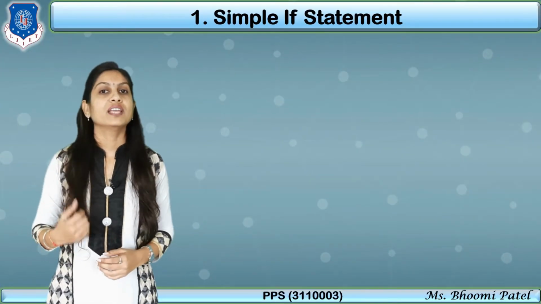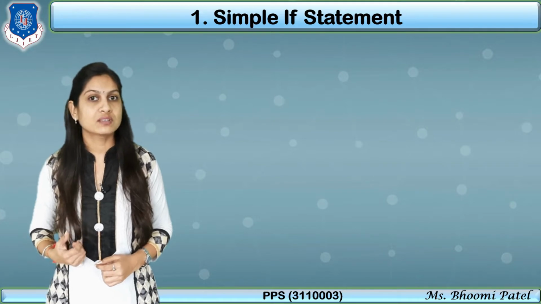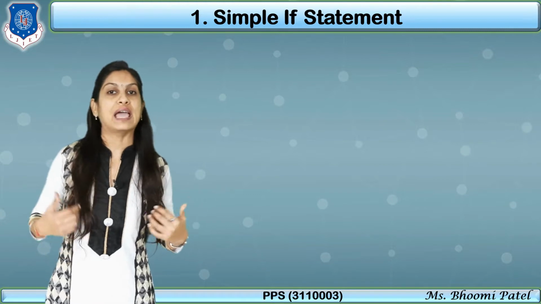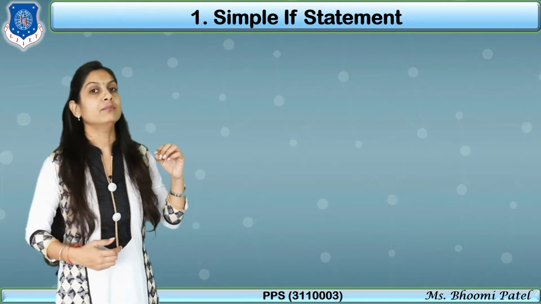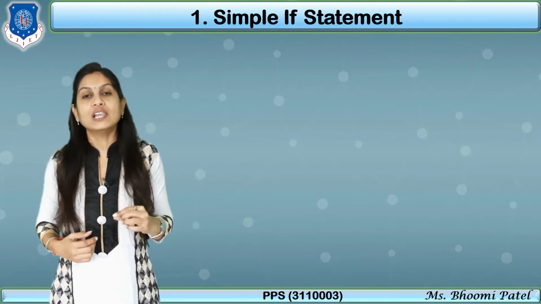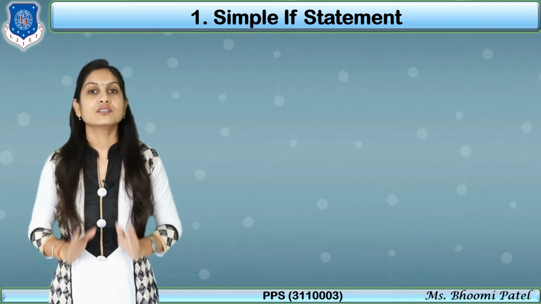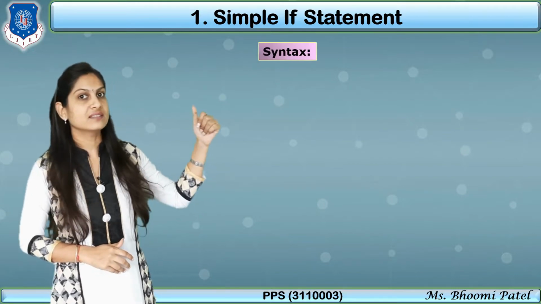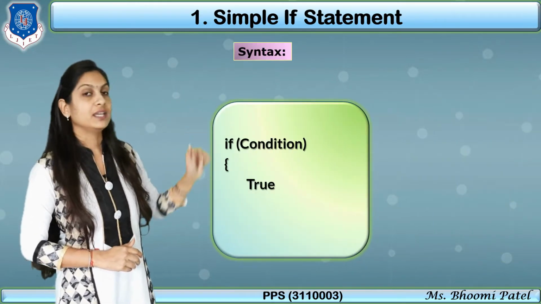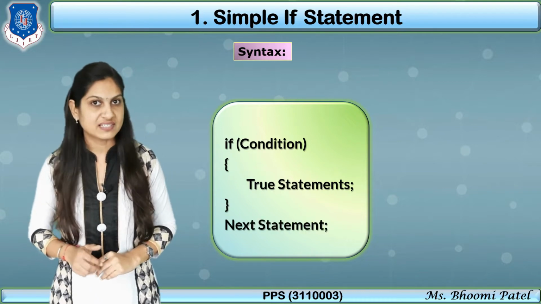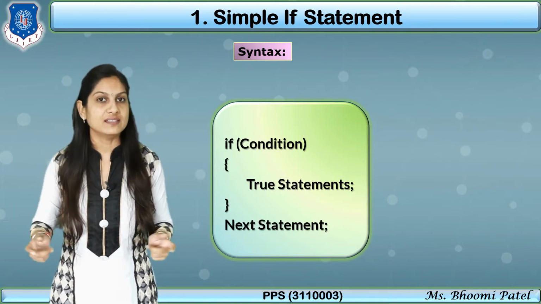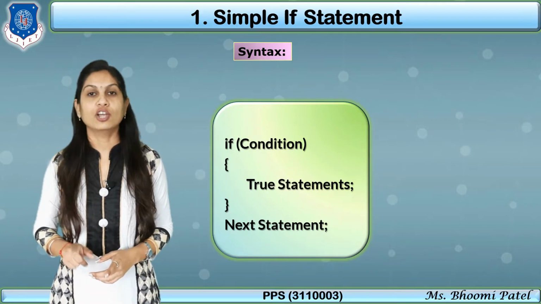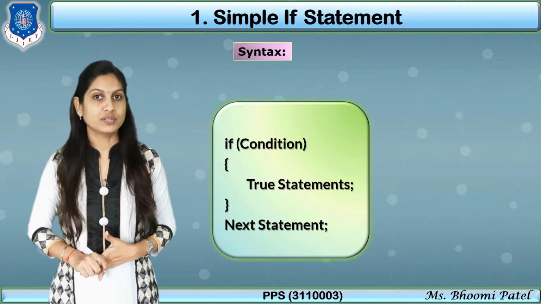Here if is nothing but what we use for a condition, and a condition has mainly two parts, true and false, but the one named simple if includes only the true part, there is no false part. The syntax for writing this is: first the if keyword, written in lower case, and inside round brackets we write the condition, and there is no semicolon at the end, that you have to remember.